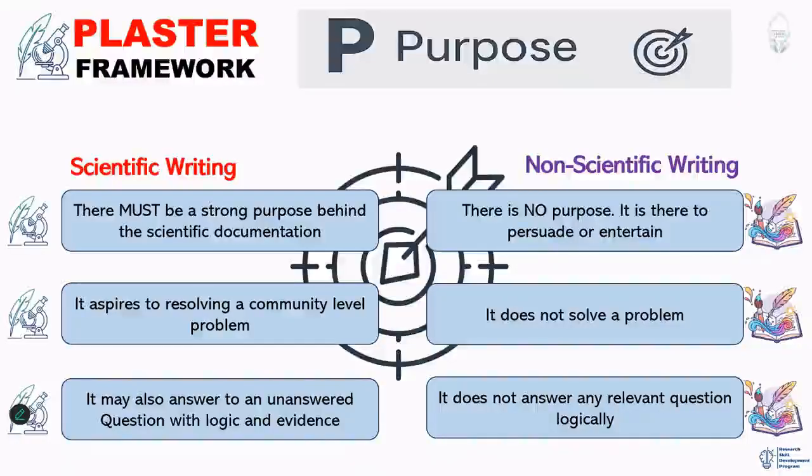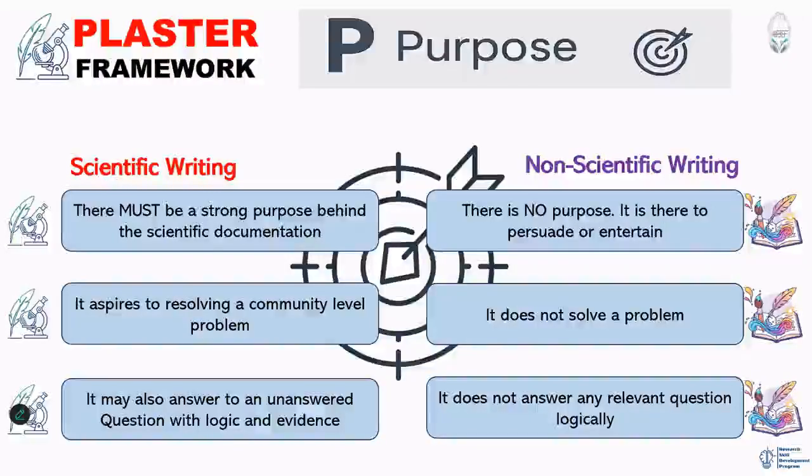Then scientific writing may also answer an unanswered question with logic and evidence. While we do research, I can say with 99% confidence that the kind of research we currently do, if we had a very structured literature review, 99% of the research we are currently doing is not required at all.